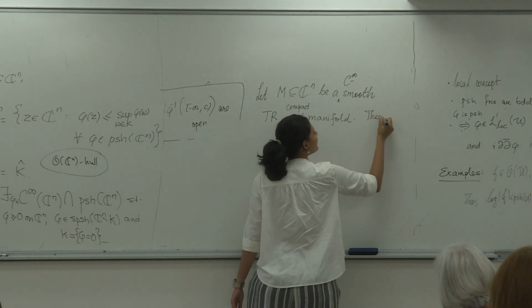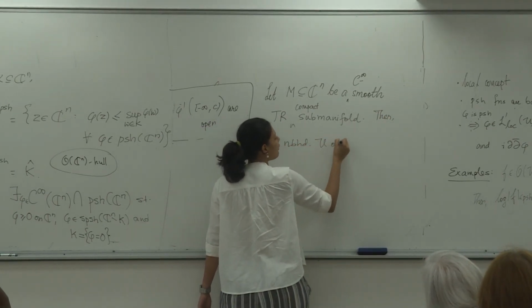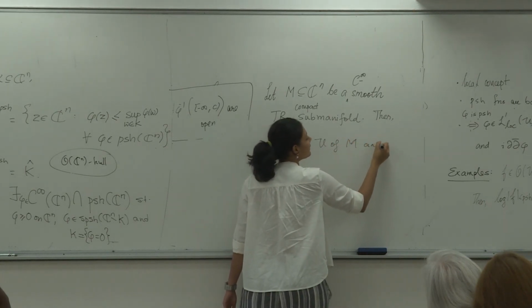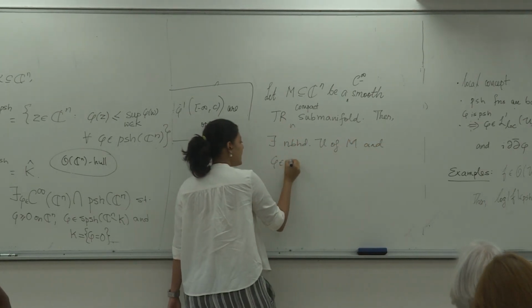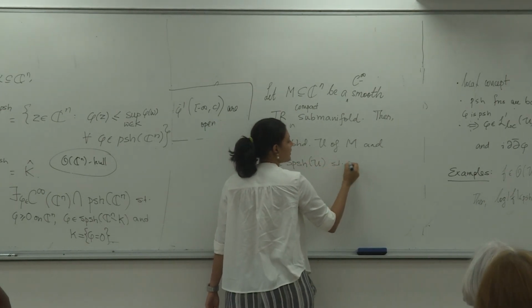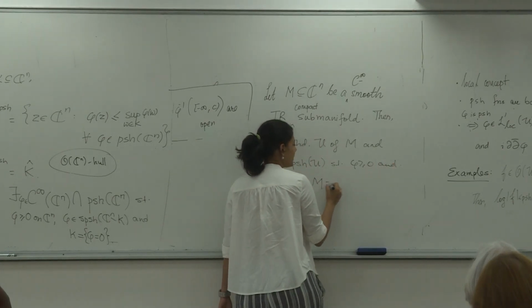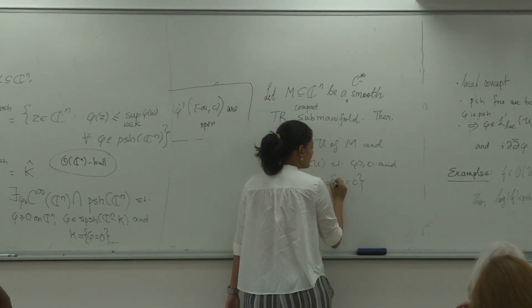Then there exists some neighborhood U of M and an SPSH function phi in U such that phi is non-negative and M is really the zero set of phi.